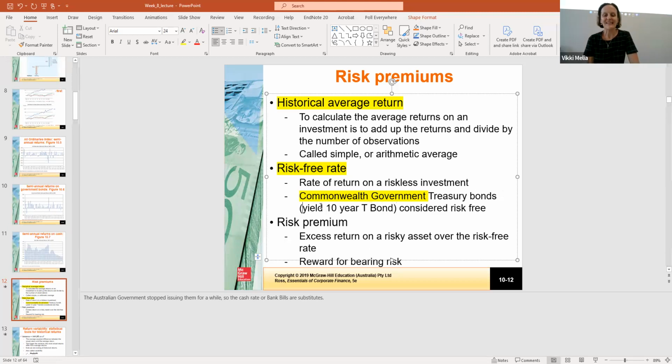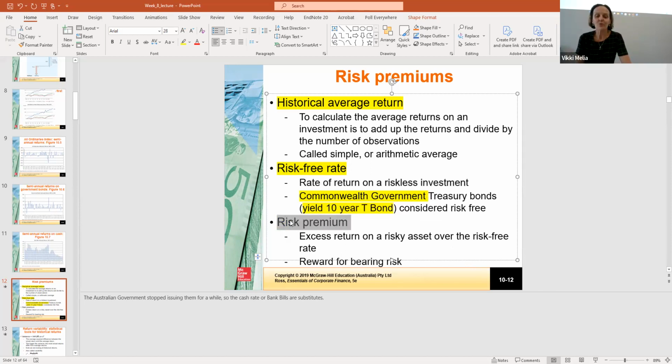The yield on a 10-year Treasury bond is considered to be the rate of return on a risk-free asset. So we'll be referring to the risk-free rate of return. We would look up the yields on 10-year Commonwealth government bonds, and that would tell us what to use as a risk-free rate.